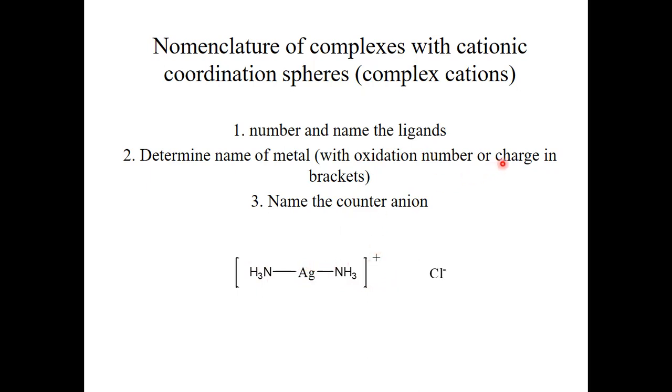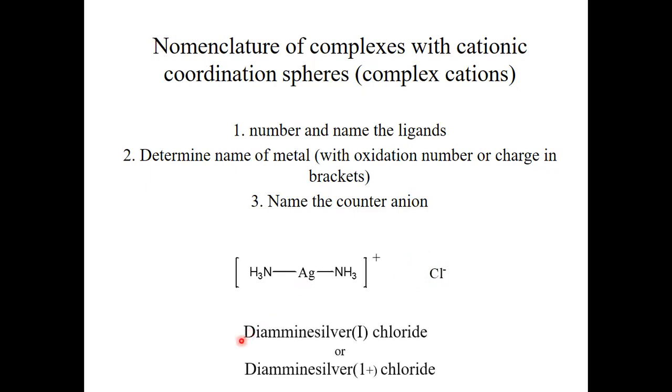Or we place the charge in brackets. In this case, we would have a 1+ in parentheses. After that, we name the counter anion, which in this case is just chloride. All right, so what would be the name? It would be either diamine silver(I) chloride, or it would be diamine silver(1+) chloride. Both are possible.